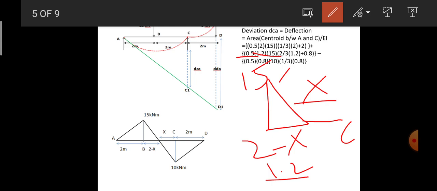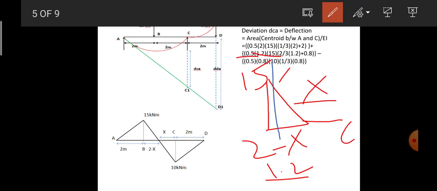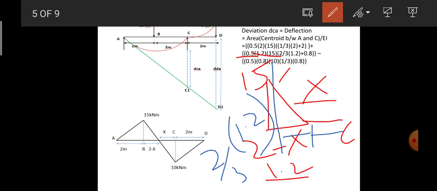Now if I take the centroidal axis, from here it is 2/3 of the base. So it is 2/3 of 1.2 plus the distance which is touching point C.